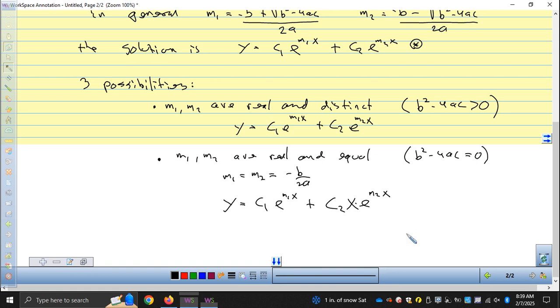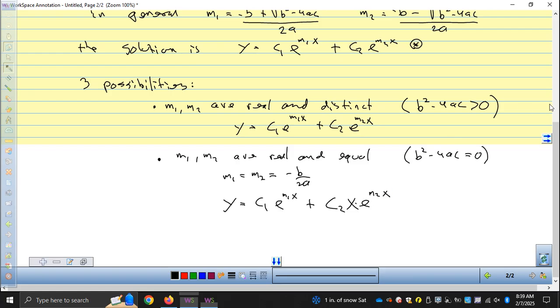Does anyone want to take a wild guess how we get this x e to the m2x, given that we have this solution? We have a second order differential equation. We have one known solution. How would we come up with a second solution? Yeah, we do from the reduction of order.